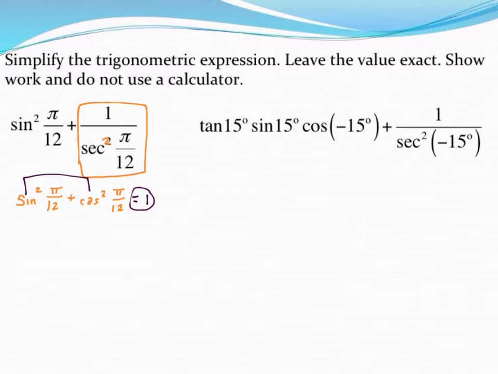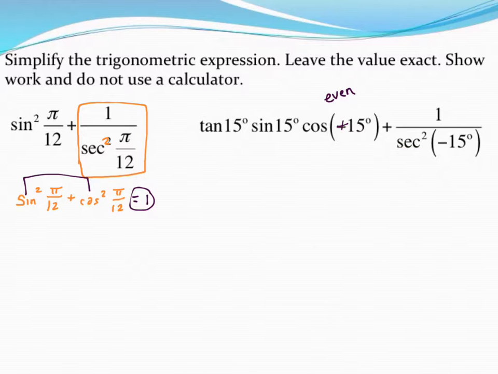And then here's our very last example, definitely the most involved one we've seen. First, I'm going to try to make all my angles the same. Using my even-odd properties, I know that cosine is an even function, which means this negative sign doesn't really matter. The cosine of -15 is the same as the cosine of +15, so I'll swap that out right away. The same is true for the reciprocal of cosine, which is secant.